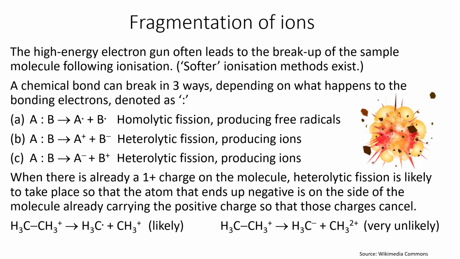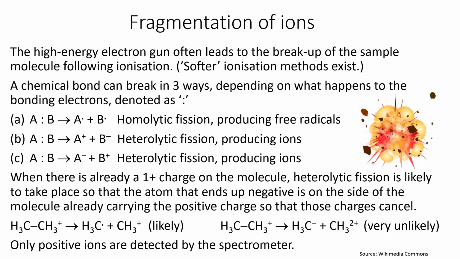So that bottom left equation, we could get either from homolytic or heterolytic fission. But what's quite unlikely is heterolytic fission working in the other direction, whereby the atom that's carrying a positive charge to begin with ends up with a doubly positive charge. This is the very unlikely scenario on the right hand side, which we're much less likely to see.